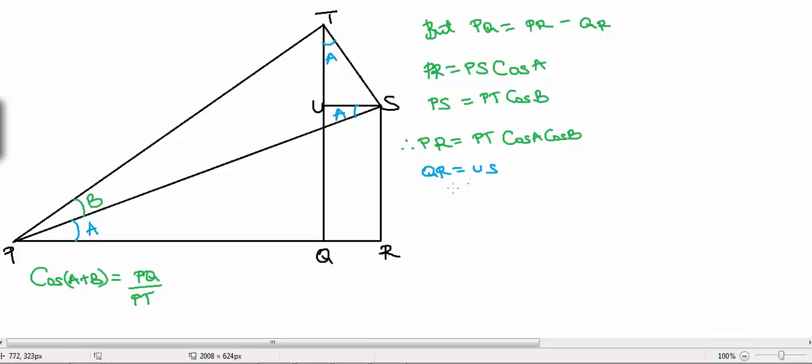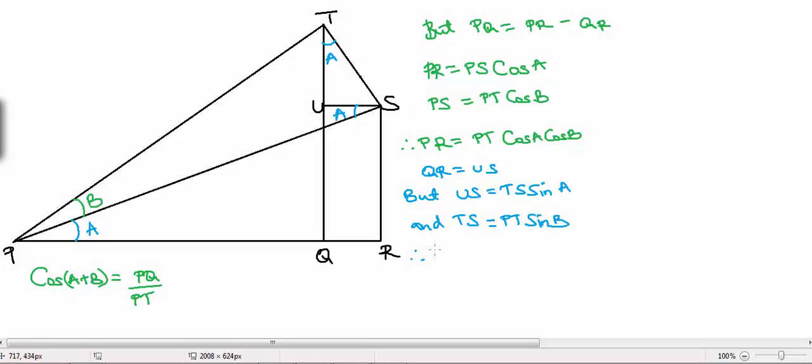PS can be also expressed in terms of cos B, and once you put it up there, you'll obtain for PR equaling PT cos A cos B. We shall do the same for QR, because we want to express PR and QR in terms of PT cos A and cos B, or sin A and sin B in terms of those angles.